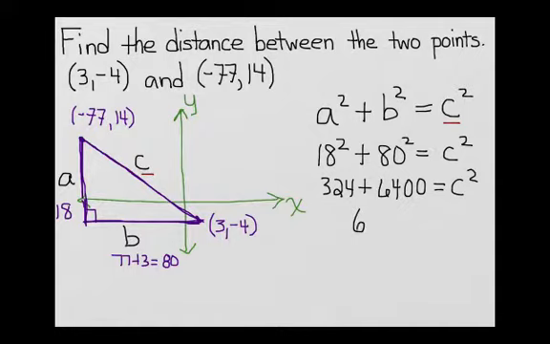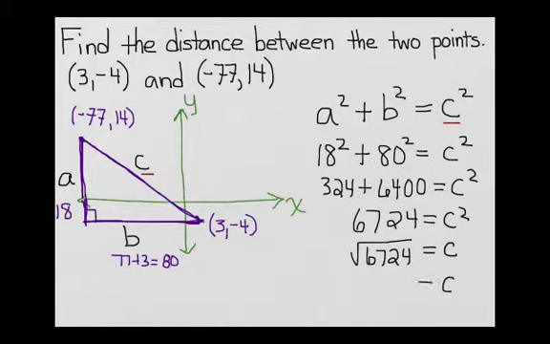So using our calculator to add those together, we get 6,724 is equal to c squared, and then c is going to be equal to the square root of 6,724, and we know it's going to be a positive value because our length has to be positive, and we get that c is equal to 82.